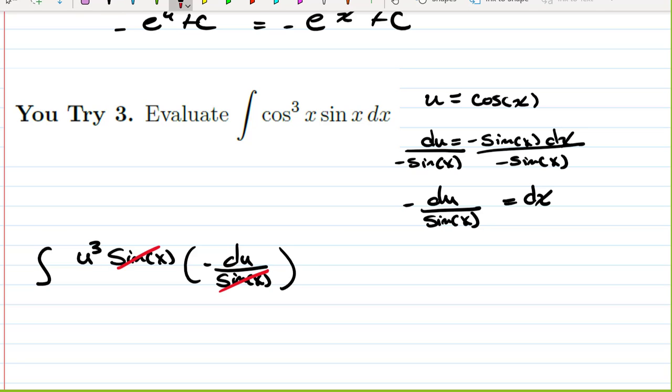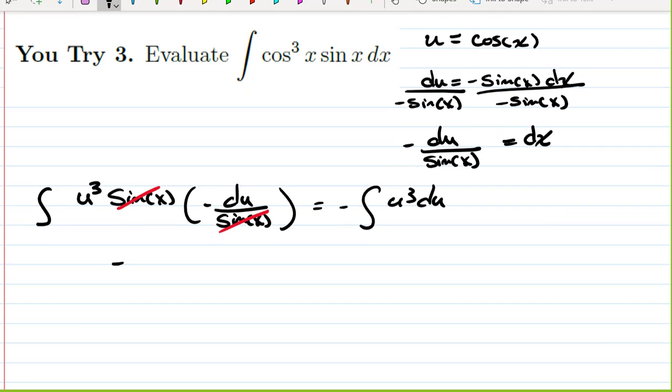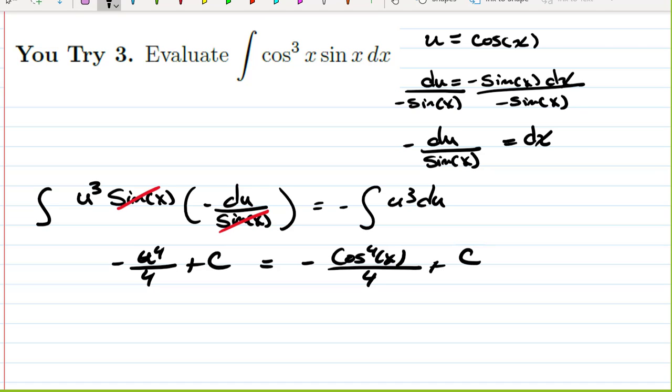Our sine x's reduce out, and we can pull the minus sign all the way out in front of our integral, and we have the negative of the integral of u cubed du, which gives us negative u to the 4th over 4 plus c. So that's negative cosine to the 4th of x divided by 4 plus our arbitrary constant c.